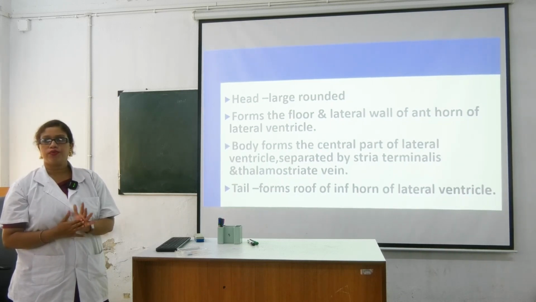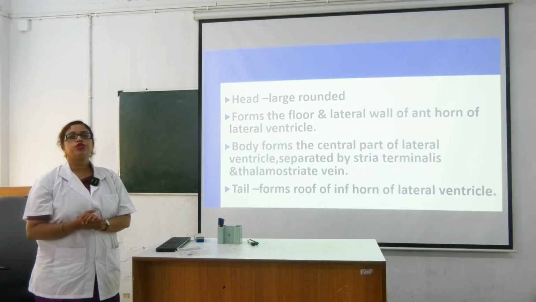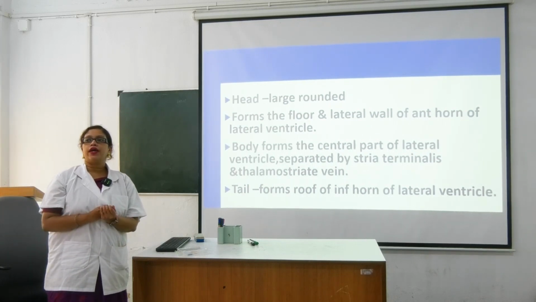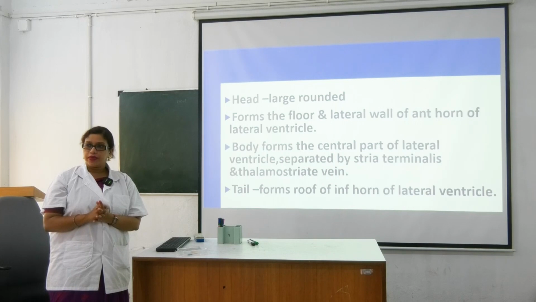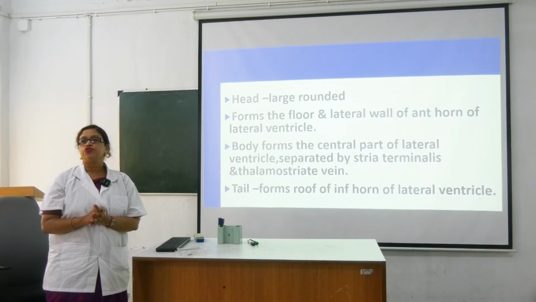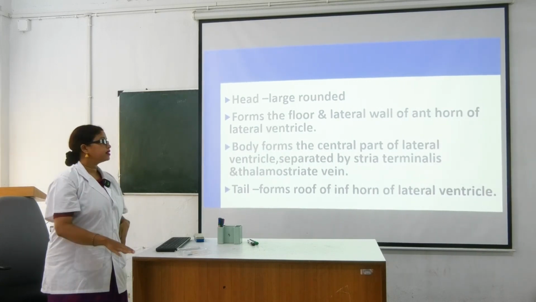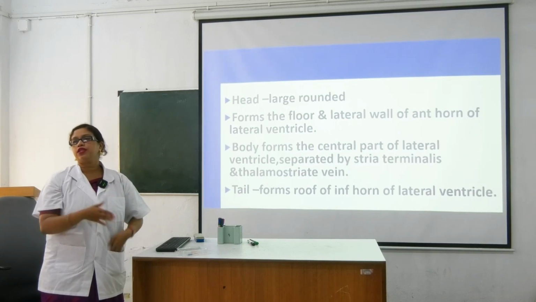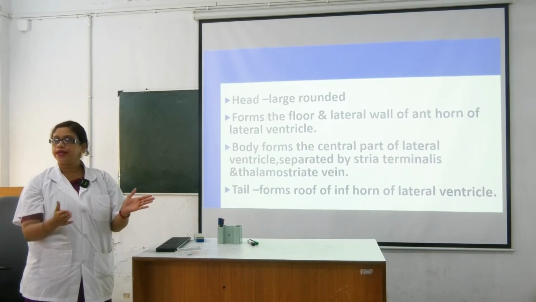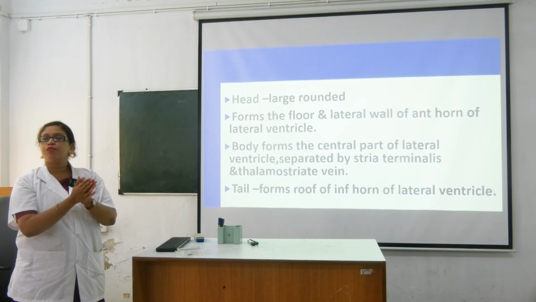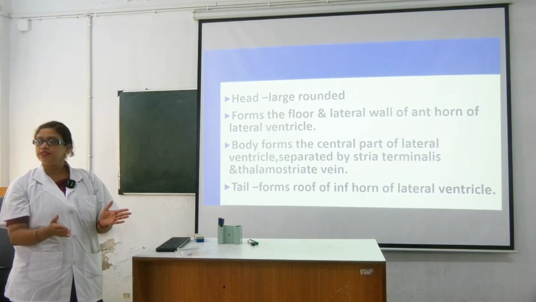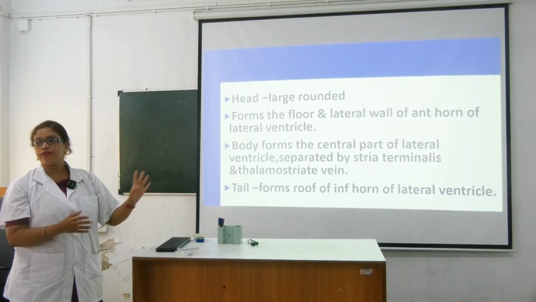So there are two structures: number one is the stria terminalis, second is the thalamostriate vein. This structure you will also get on the thalamus, on both sides, and also on both sides of the third ventricle. The same structure will come again and again.